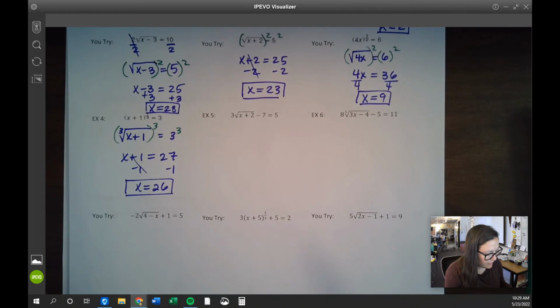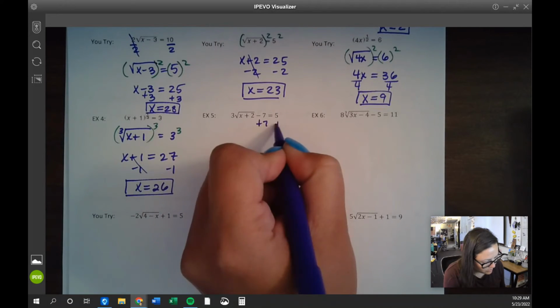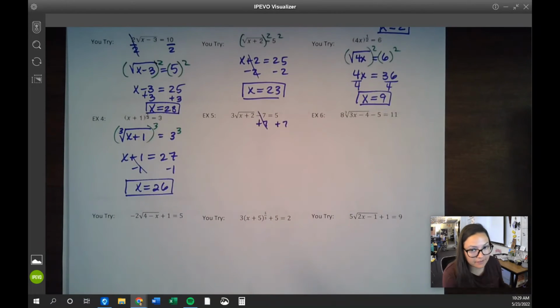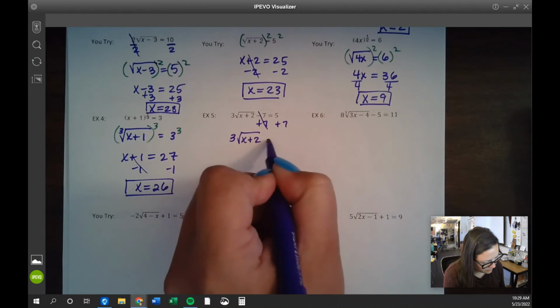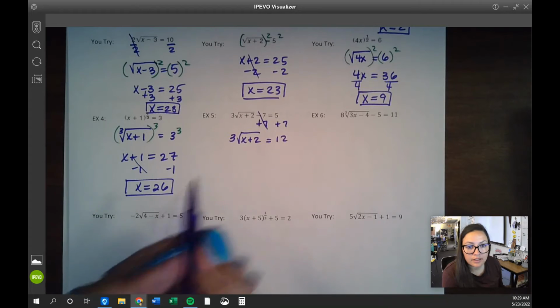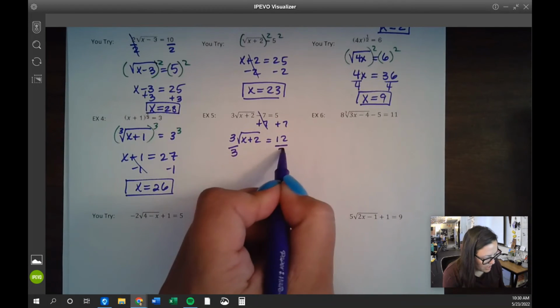Okay, example 5. I need to get rid of anything that is outside of the square root. So first I'm going to add 7 to both sides because that minus 7 is not in the square root. And I still need to get rid of this 3. So I'm going to divide both sides by 3.